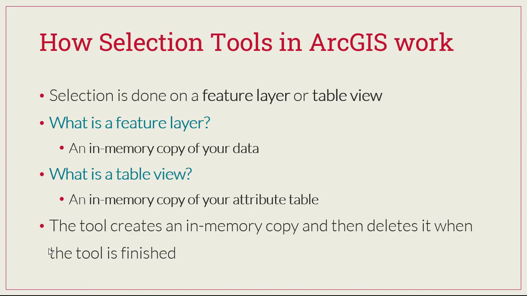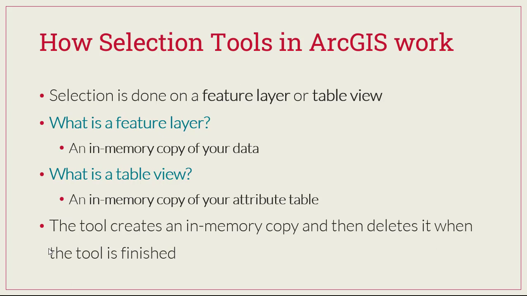So that's how these selection tools work in ArcGIS. What you may not be aware of is that when these selection tools run, they are not querying your actual GIS data stored on disk or on a server or in the cloud. These selection tools are operating off of what is called a feature layer or a table view.